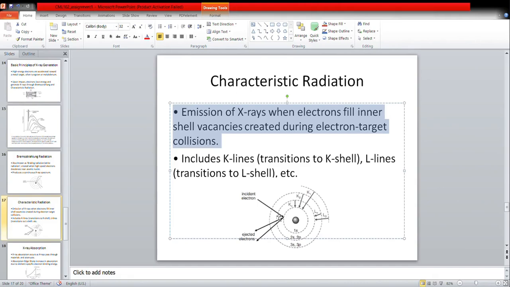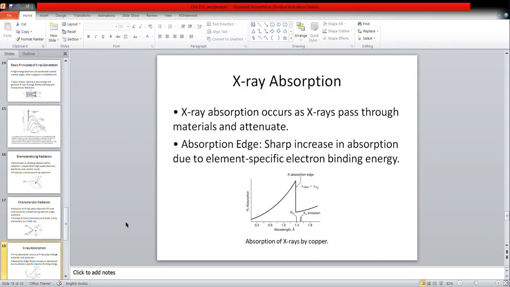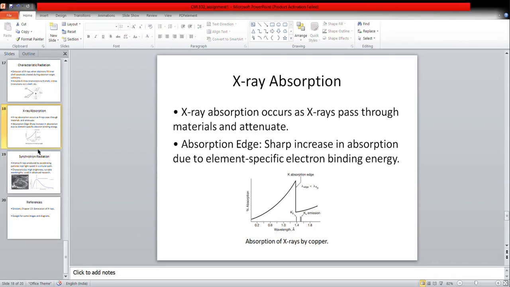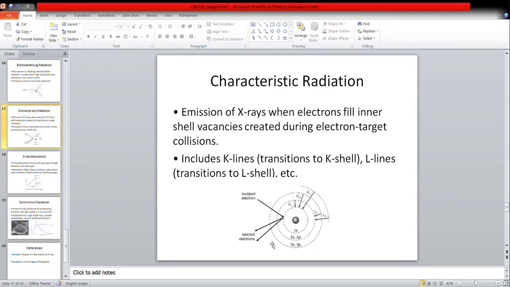Now it's time to explain what these K alpha, K beta, K gamma and L alpha, L beta are. If the radiation is emitted, we observe the wavelength of the X-ray which is emitted.